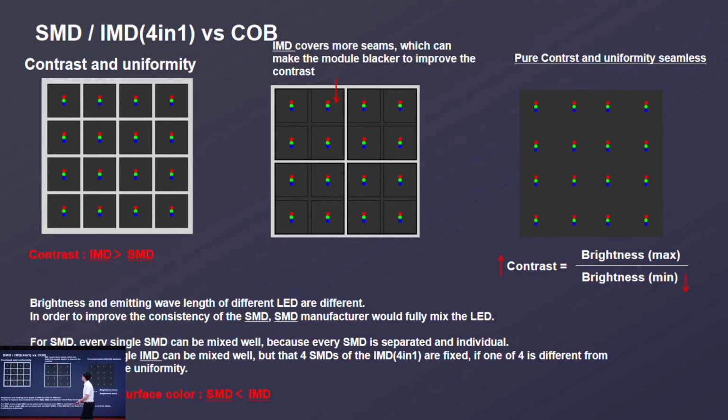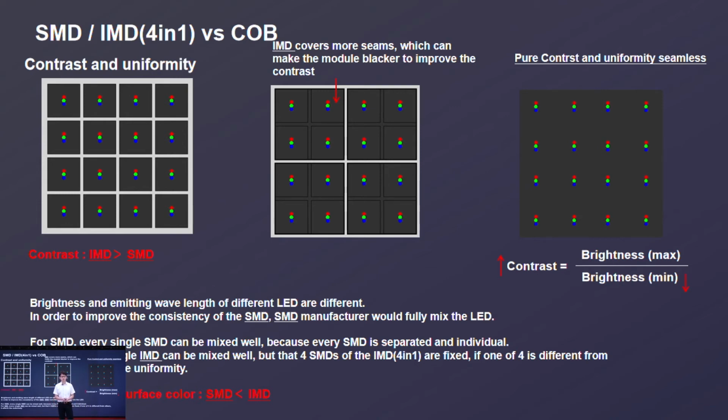The next is the contrast and uniformity. Here is a zoomed-in picture of SMD, IMD, and COB. The white area actually is the PCB board, but here we just assume it as white color for a better comparison.